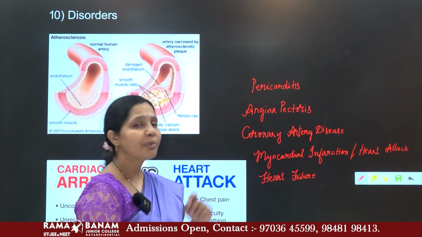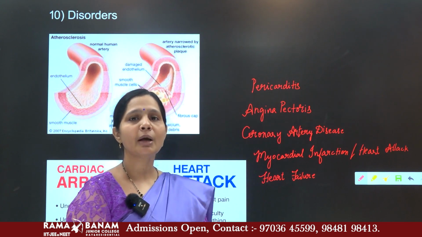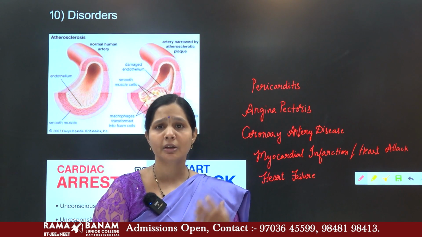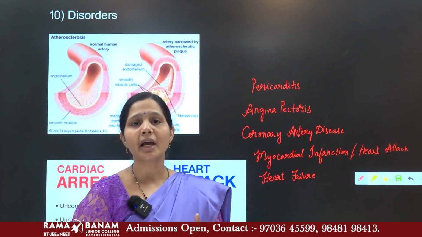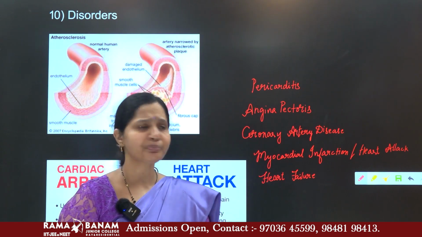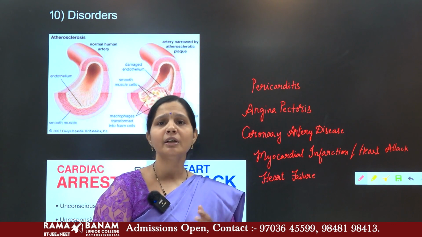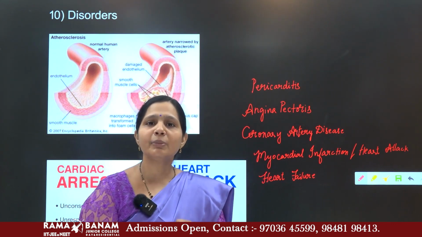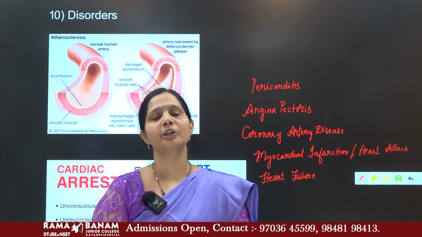Whereas angina pectoris, which is usually called chest pain, usually starts with pain in the chest, radiating to the elbow, to that of the neck as well as to that of the shoulder. What happens during angina pectoris? There is again a damage to one part of the heart where there will be insufficient supply of oxygen or blood to the parts of the heart.